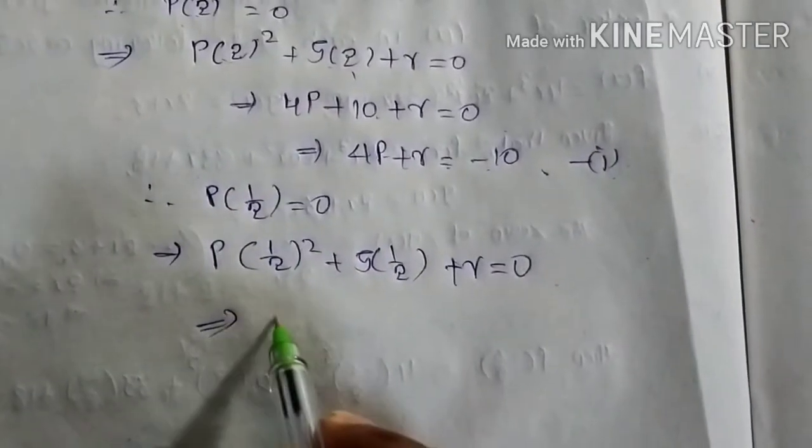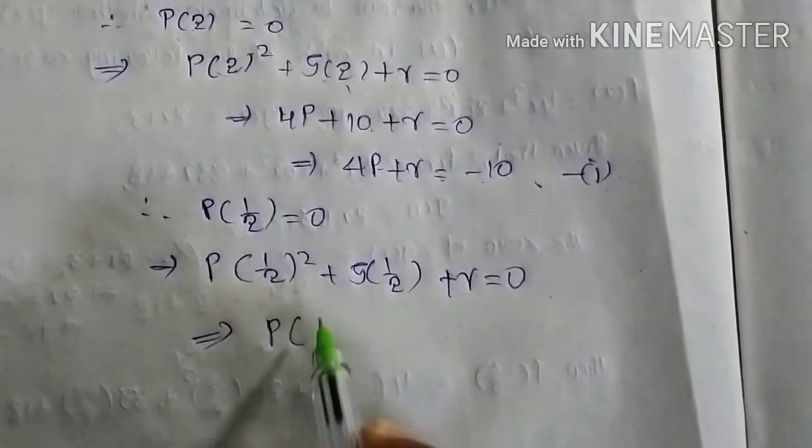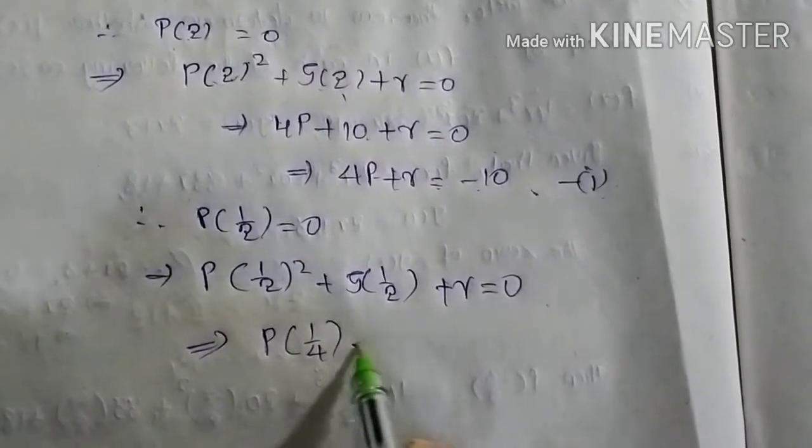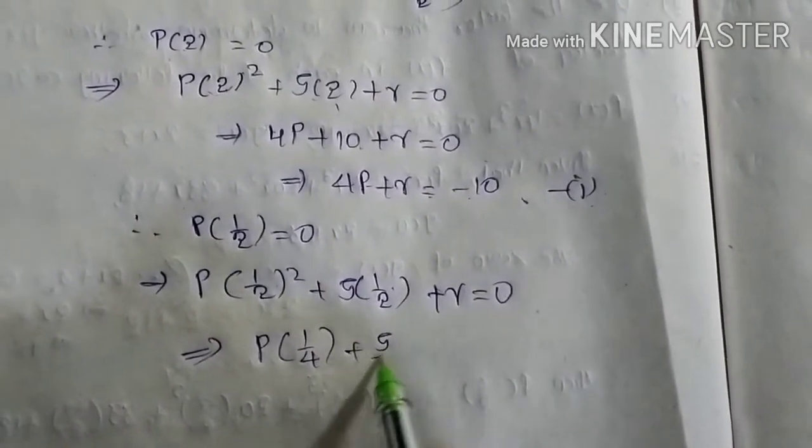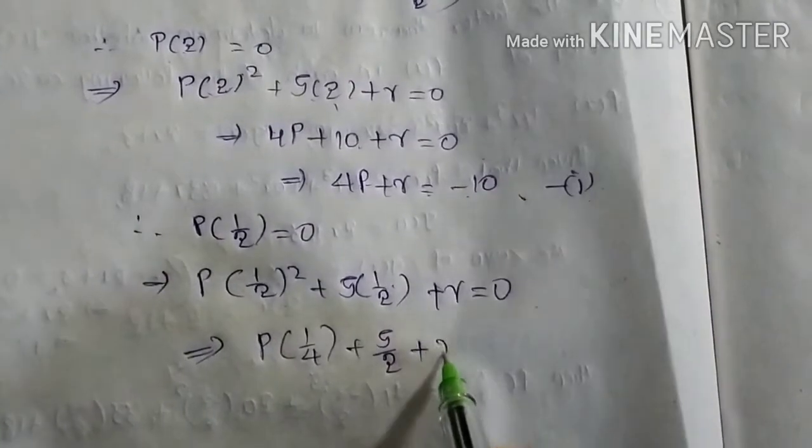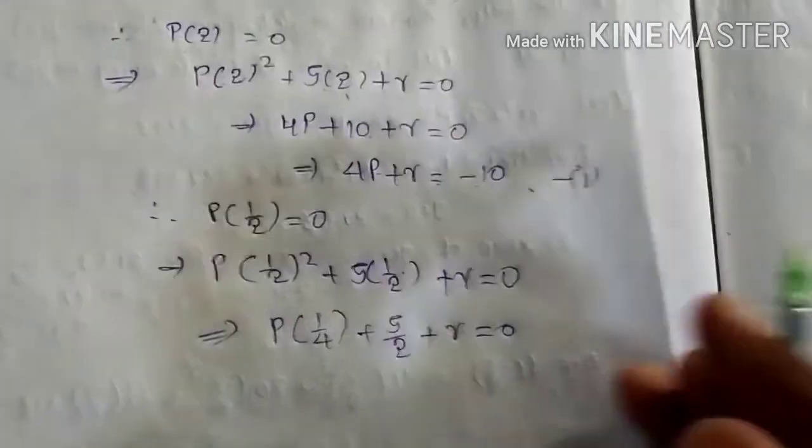See here, p into 1 by 2 whole square means it is p by 4, plus 5 into 1 by 2 means it is 5 by 2, plus r is equal to 0, yes or no?